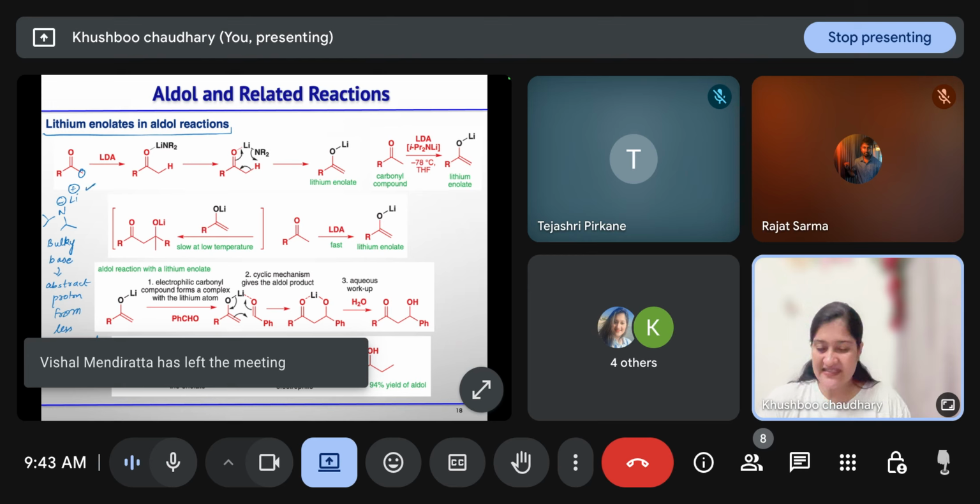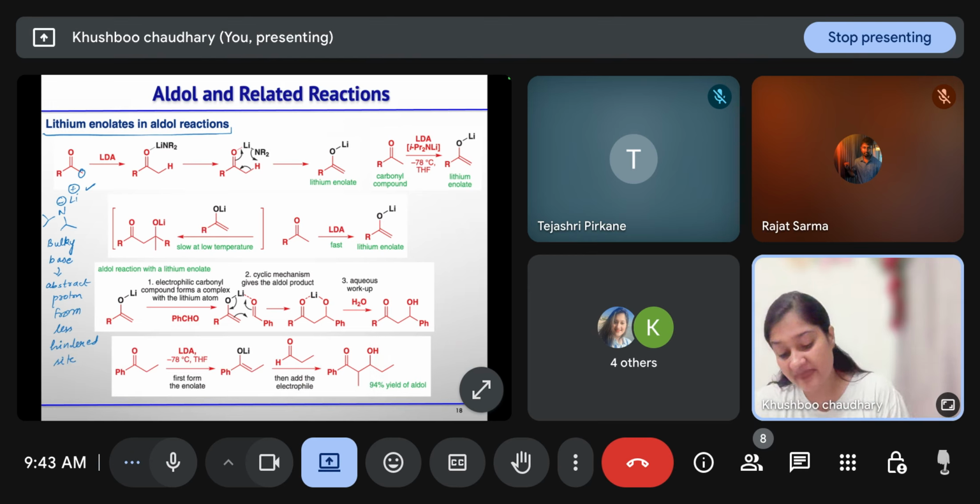In this case only one site is present, so firstly the base will coordinate, because lithium is a positively charged species, so oxygen can coordinate with lithium. So your base will coordinate first with the oxygen, and then internally it will take the proton from the alpha position to form this lithium enolate.